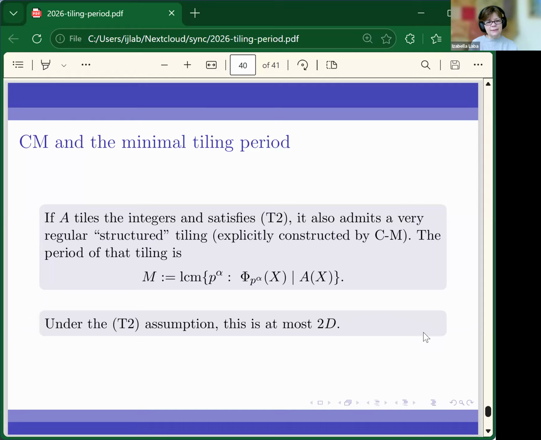If we assume further that the condition is satisfied, then that period is at most 2d. So that's better by many orders of magnitude than any bounds that we can prove so far.